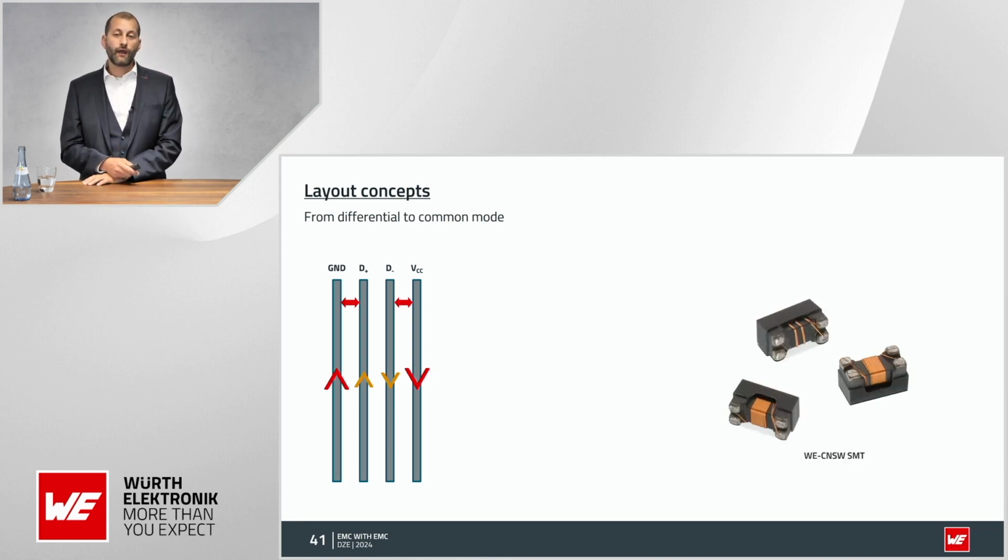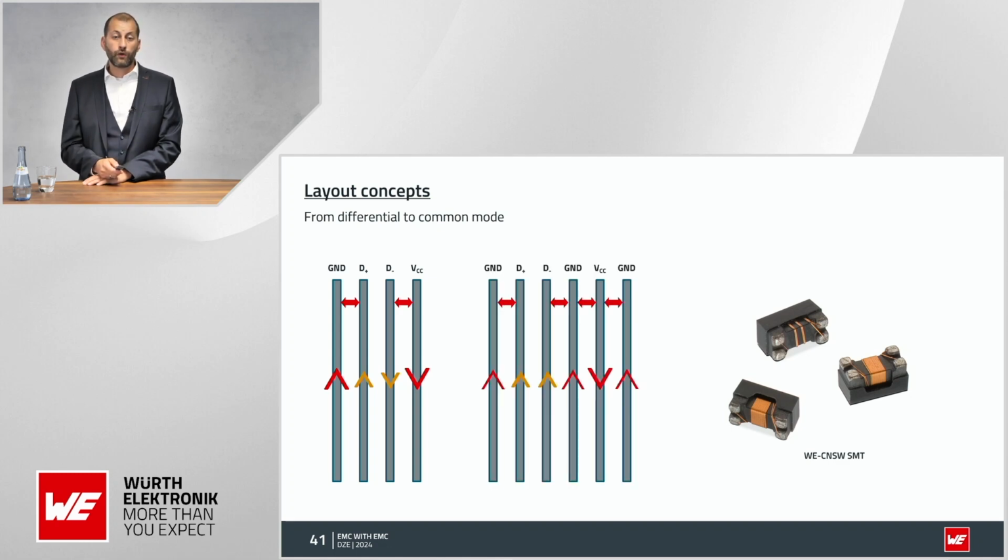Well, you could use a common mode choke. The problem with a common mode choke is they are not really working with differential mode noises. So we have to somehow transfer from a differential mode to a common mode. What we can do, and that's quite easy, is add a few lanes. In this case, ground lanes.